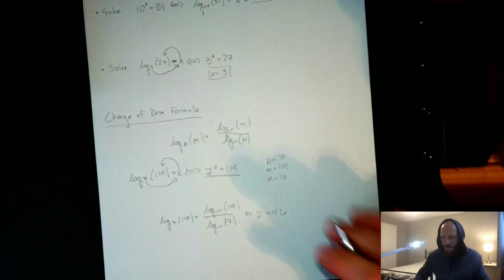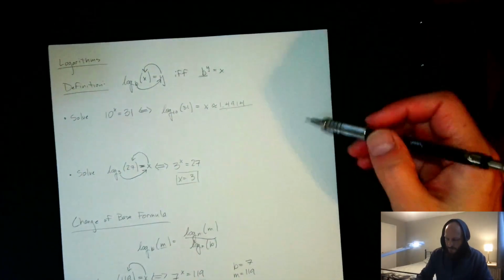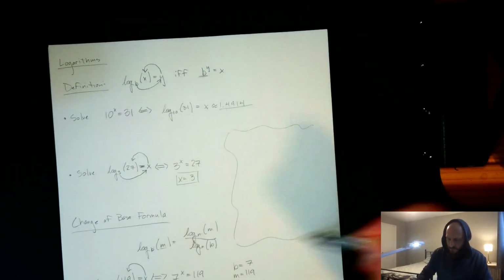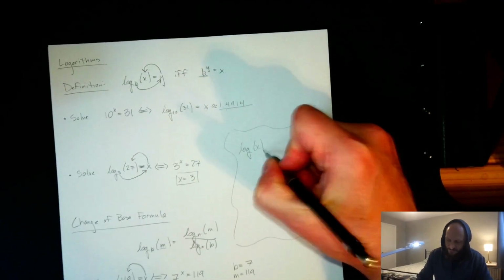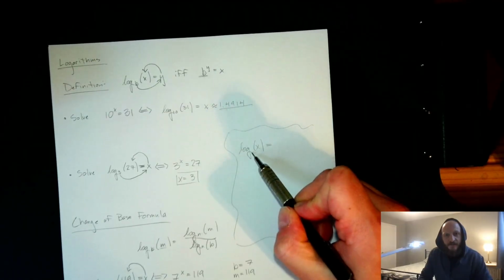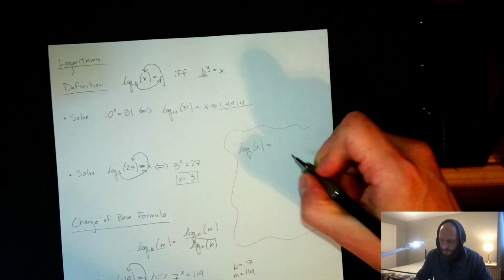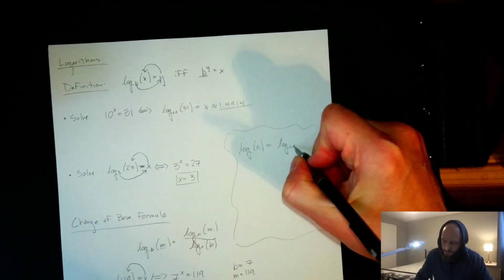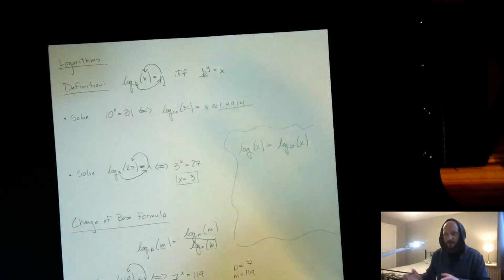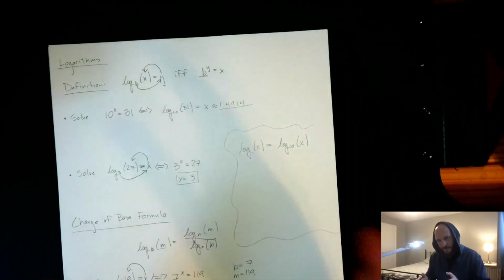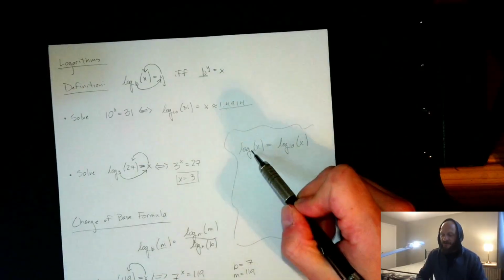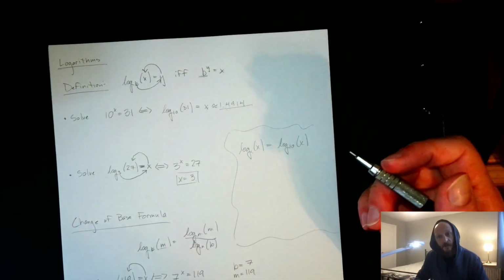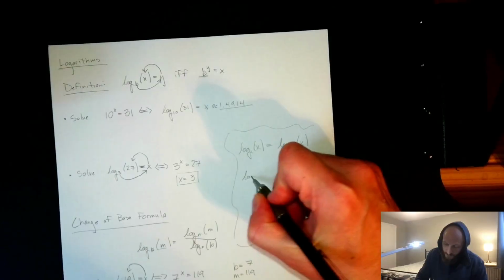So just two quick little notes I'll make here. Log of x: if the base is not specified, it's implied that it's log base 10. If no base is specified, it always means log base 10. Otherwise, the base needs to be specified, except if it's log base e. That gets a shorthand.